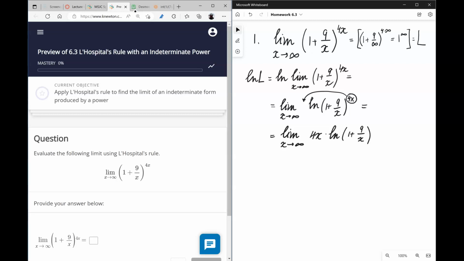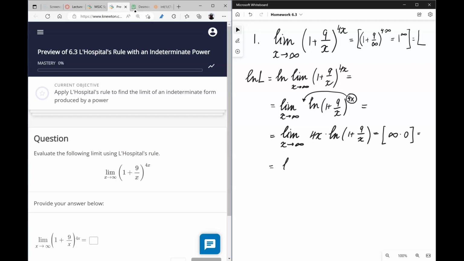And what did we achieve with all these transformations? The type of the limit has now changed. So now we have infinity times 0.